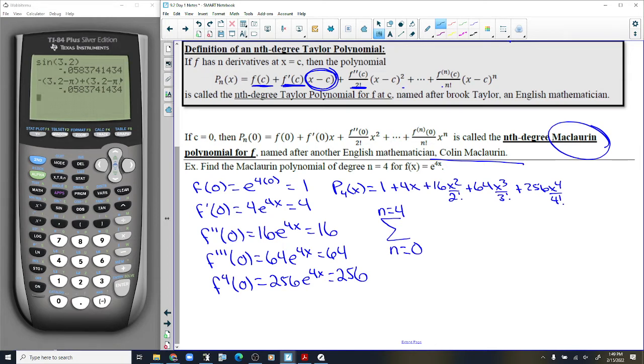And it looks like this is 2 to the 0, 2 to the 1, 2 squared. No, it's 4, excuse me. 4 to the 0, 4 to the 1, 4 to the 2, 4 to the 3. So isn't that 4x to the n over n factorial? There we go. I knew I'd get it.